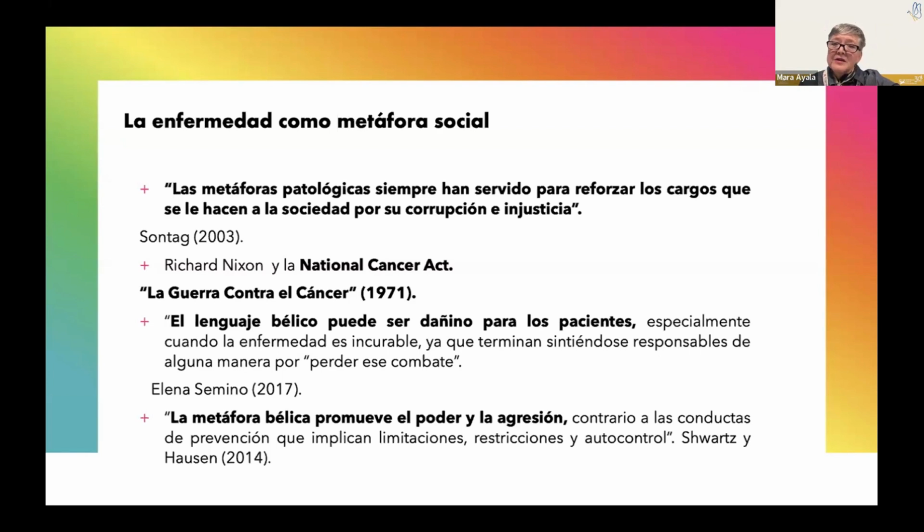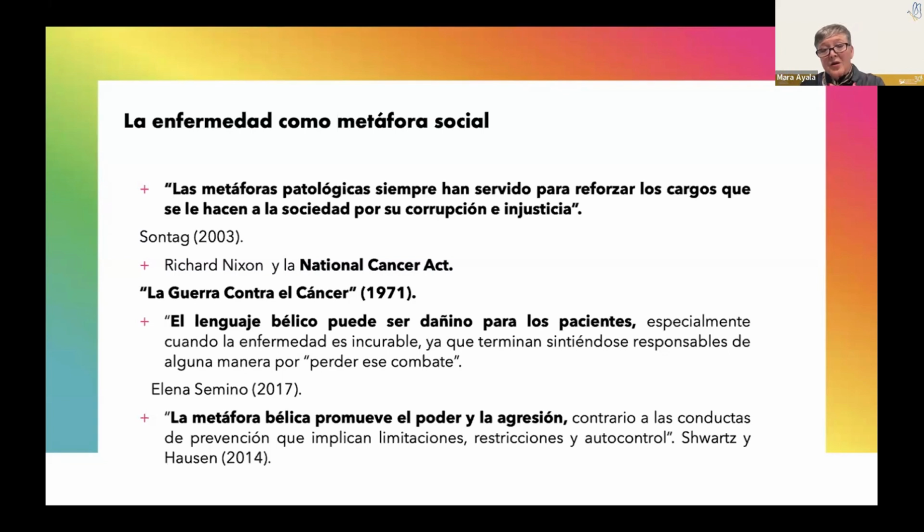Y ella escribió este libro justo cuando estaba transitando por un cáncer que finalmente la llevó a su fallecimiento. Y dice que las metáforas patológicas se prestan mucho si son misteriosas, si no se saben las causas. Y esto es lo que pasa con el cáncer, ¿no? Que se prestó muy bien para convertirse en esta metáfora social.